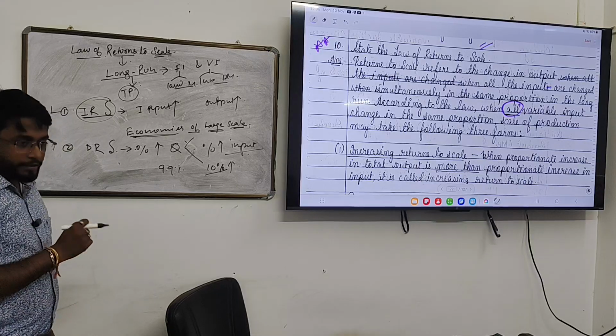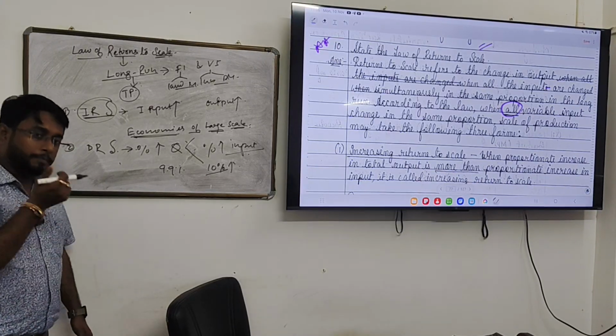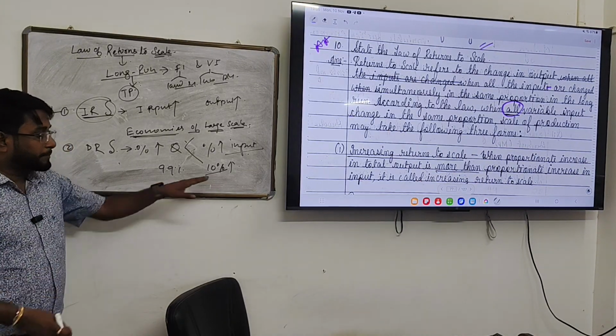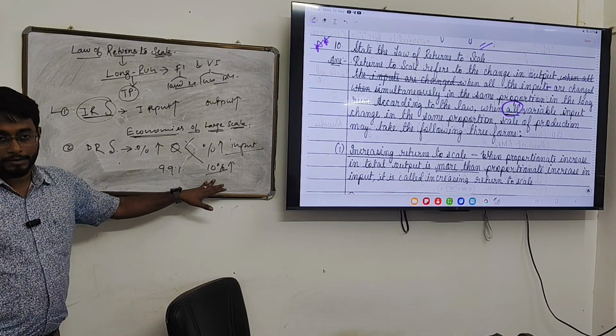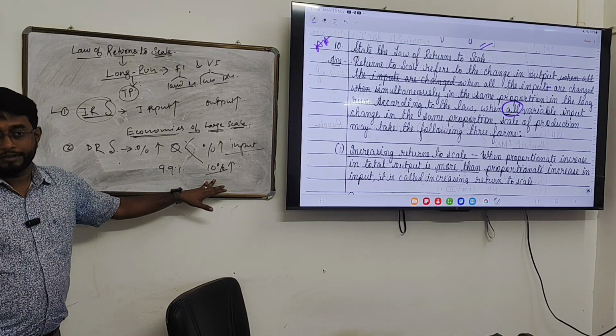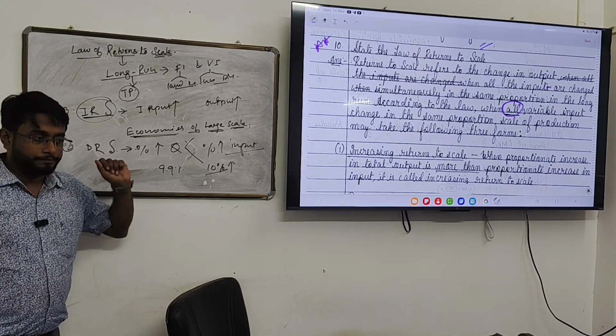It may be 9.9, it may be 9.8, it may be 9%, it may be 8%, anything, but it must be less than 10%, and that is called decreasing returns to scale.